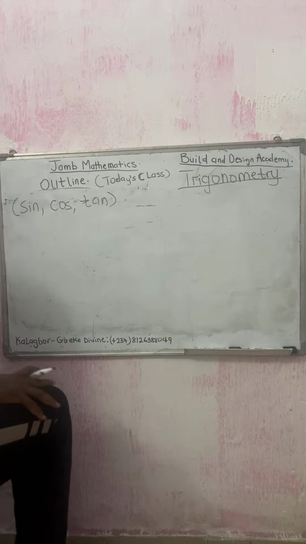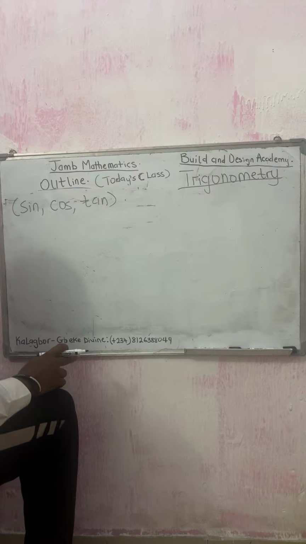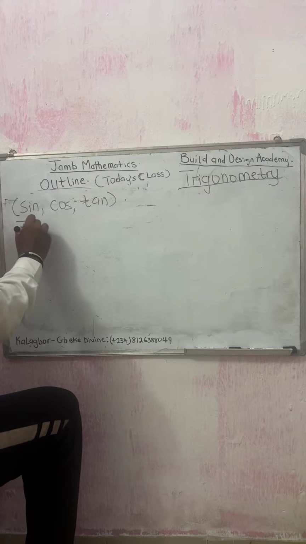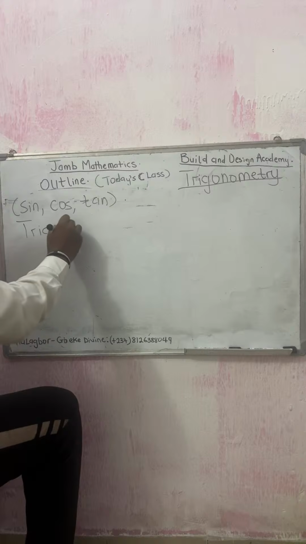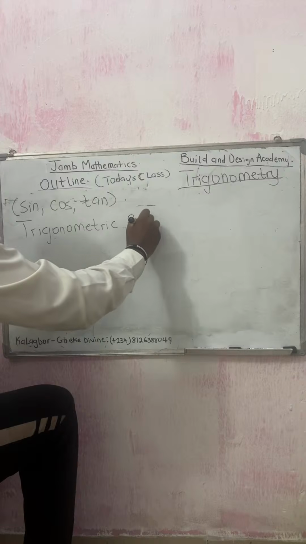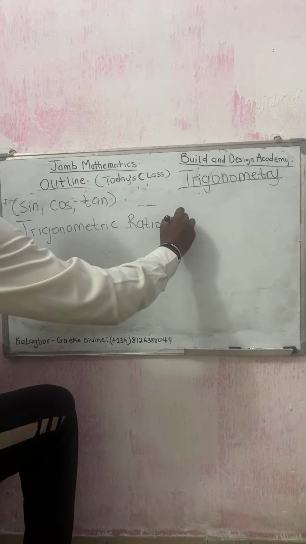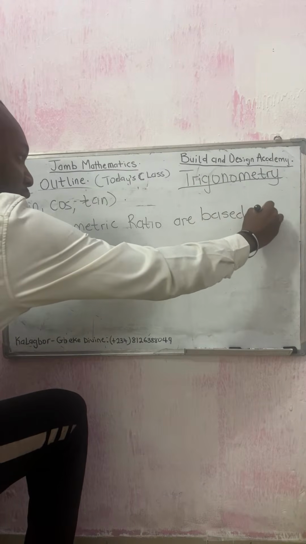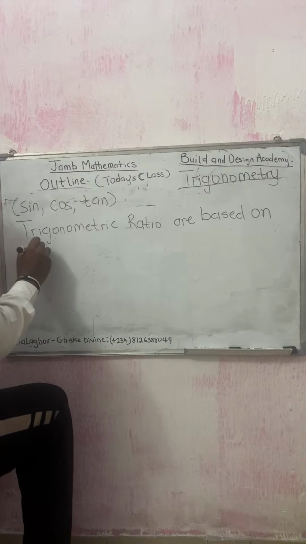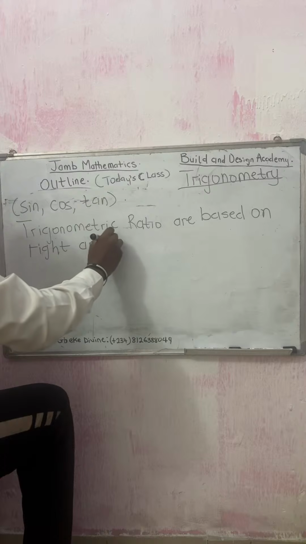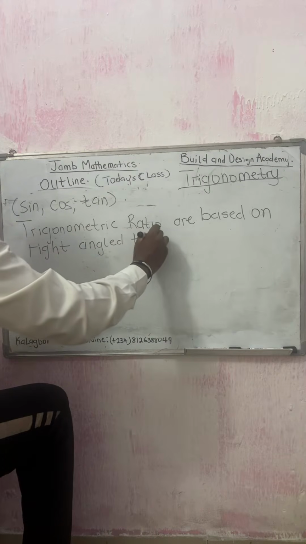So take note, trigonometric ratios are based on right angled triangles.